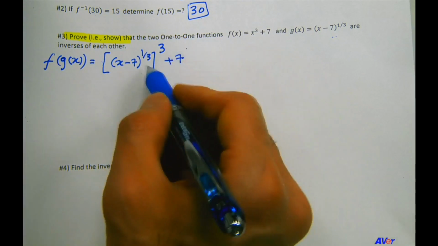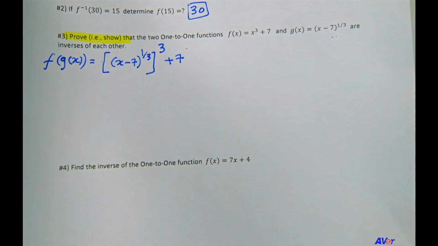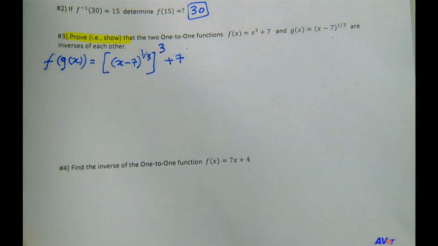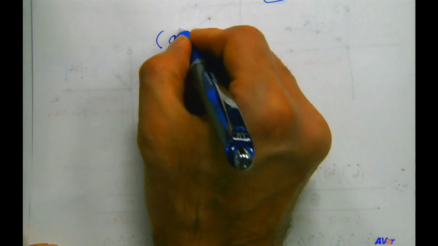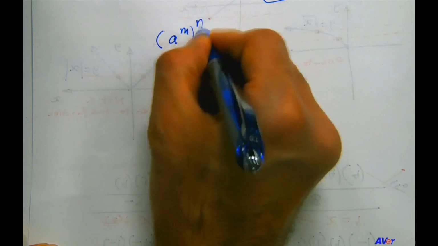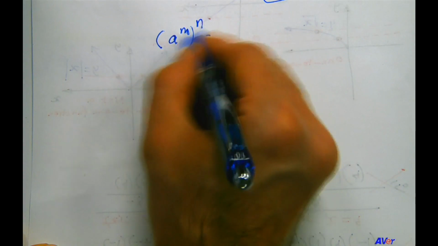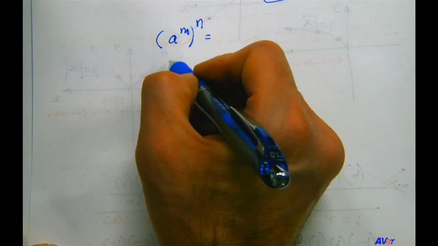Now, one of the things that we've covered in Math 96 or Math 95 is the properties of exponents, right? According to properties of exponents, if you have a to some power m raised to some power on the outside, I think by Math 96 we should have covered this material.